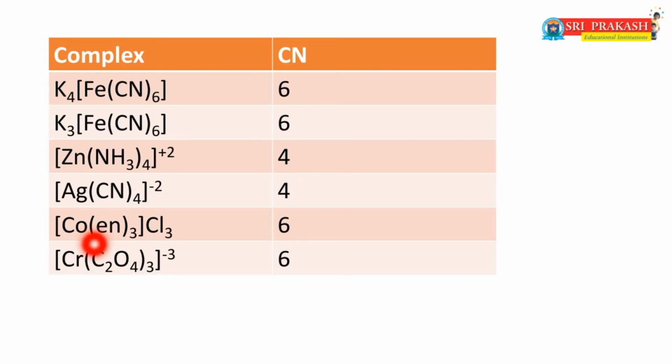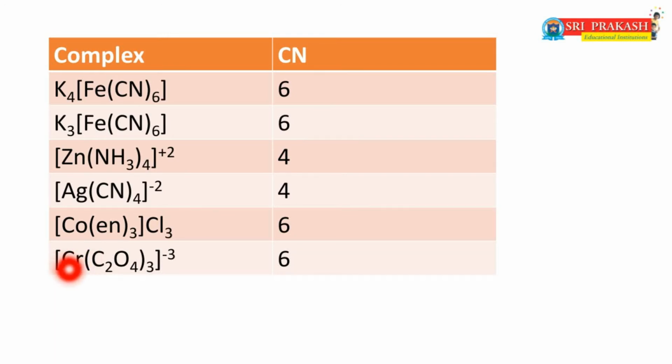Why? Because 1 bidentate ligand donates 2 lone pairs of electrons, but 1 lone pair of electrons equals 1 coordination number. So 1 bidentate ligand equals 2 coordination number.